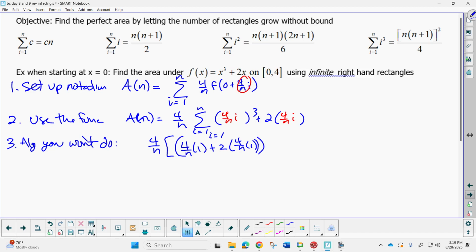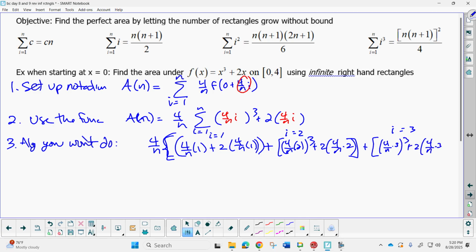And that would be your first result. Then when i equals 2 goes in, you get a 4 over n twice cubed plus a 2, 4 over n twice. And then just for one more, when i equals 3 goes in, you'd have a 4 over n 3 times cubed plus a 2, 4 over n 3 times, and so on.